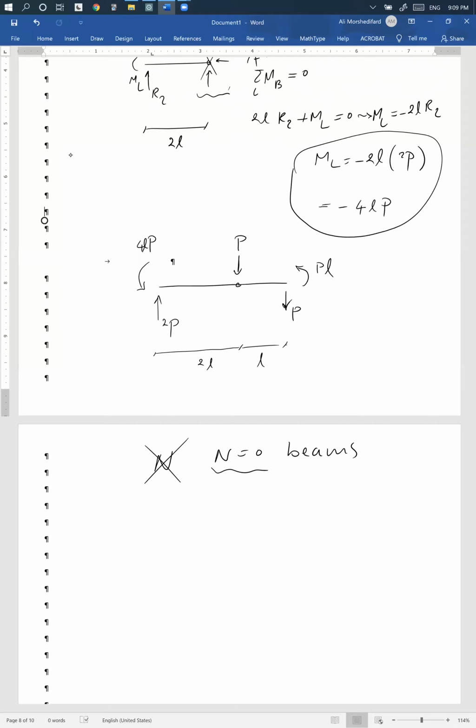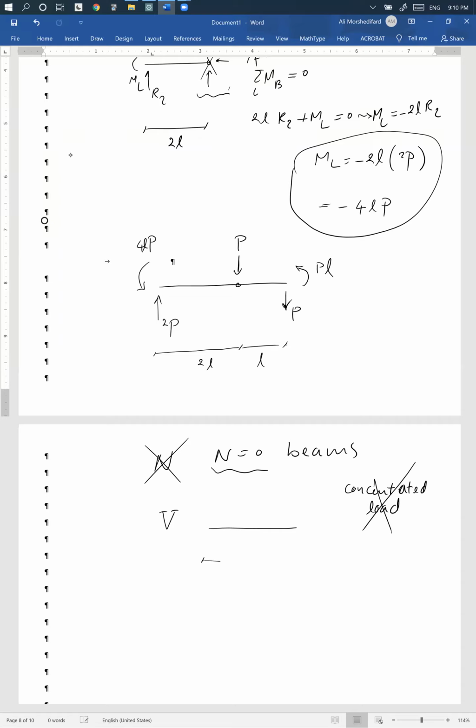So let me use this quick method to calculate V. This quick method just gives you the geometry. So how do we do this? I have to chop this into segments. So this is the first segment. You shouldn't have any concentrated load along the segment.